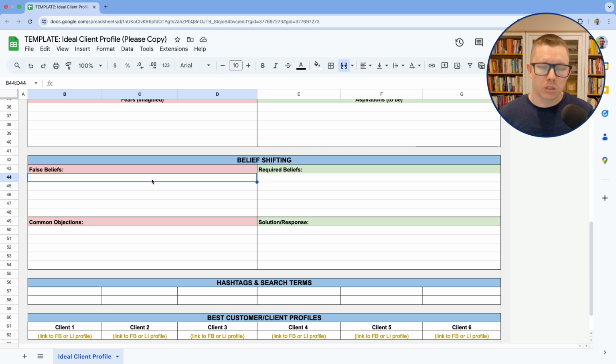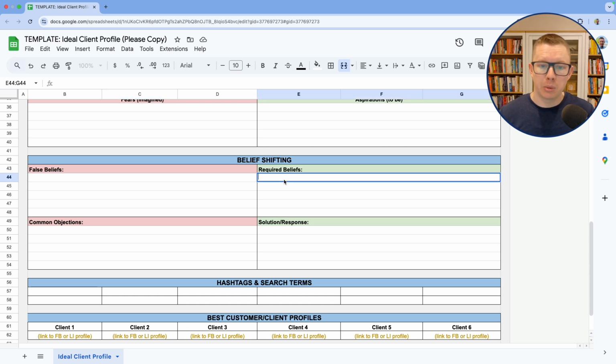The inverse of that belief would be that public speaking is a learnable skill. Anyone can become a confident public speaker, not just those who are naturally charismatic or extroverted. That's a belief we would need them to have for them to have the confidence to invest in public speaking training.